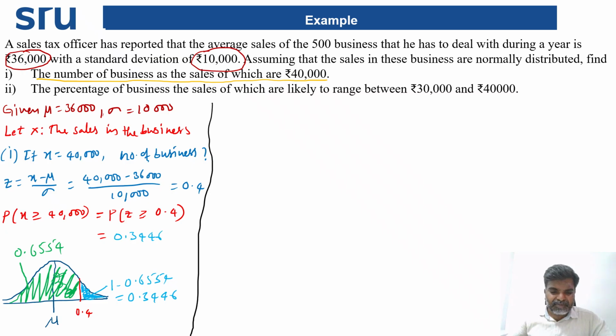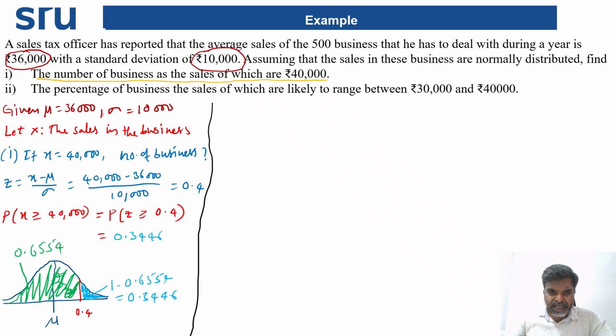Okay. Now, actually this is not the final answer. We have to find the number of businesses. To find the number of businesses, it is very simple. We have to multiply this probability with the total number of businesses. Okay. So what is the total number of businesses? That is 500.